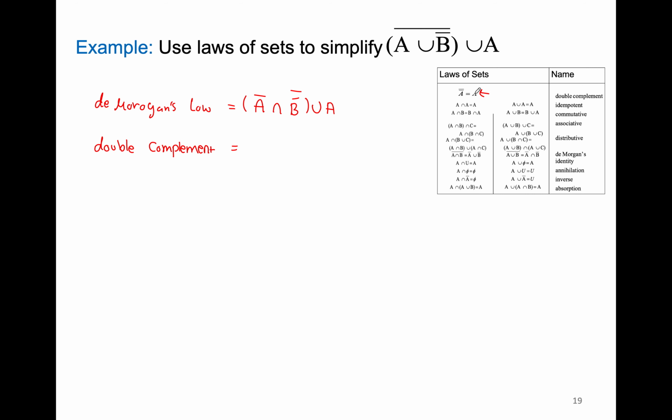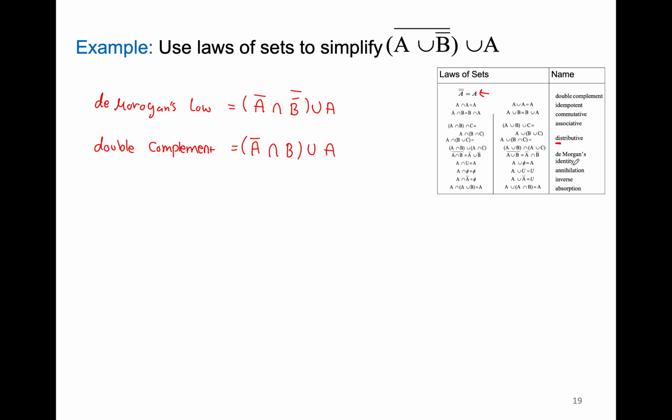So for the double complement, if we got the complement of a complement, then it's equal to the set itself. So here we have (A complement intersect B complement) complement is equal to B union A. Now we can see here that I've got intersect and I've got union, and we can use the distributive law, but first I need to have the A union before.